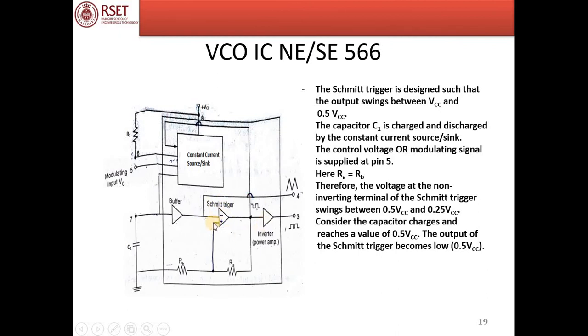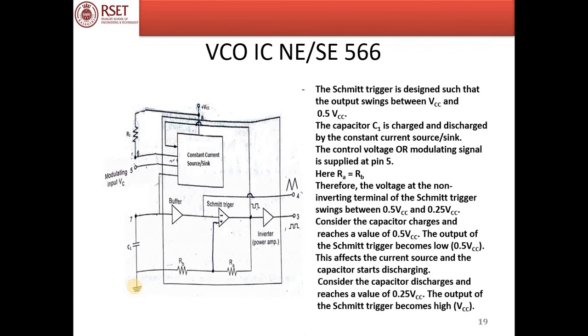It is 0.5 VCC. Capacitor keeps on charging by this constant current source. It reached the value of 0.5 VCC. So suddenly the Schmitt trigger output became low. That is, the Schmitt trigger output becomes 0.5 VCC. So this affects the current source and now the capacitor starts discharging. When the Schmitt trigger output becomes low, the capacitor starts discharging. The capacitor keeps on discharging and reaches a value of 0.25 VCC.